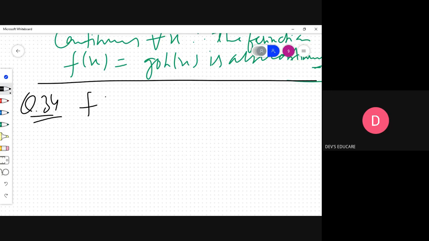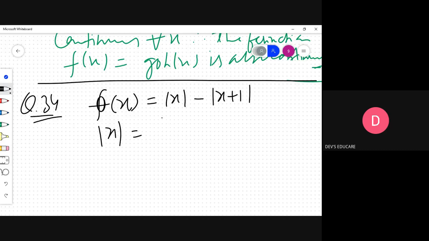f(x) equals mod of x minus mod of x plus 1. So what we do, first of all, we define this.